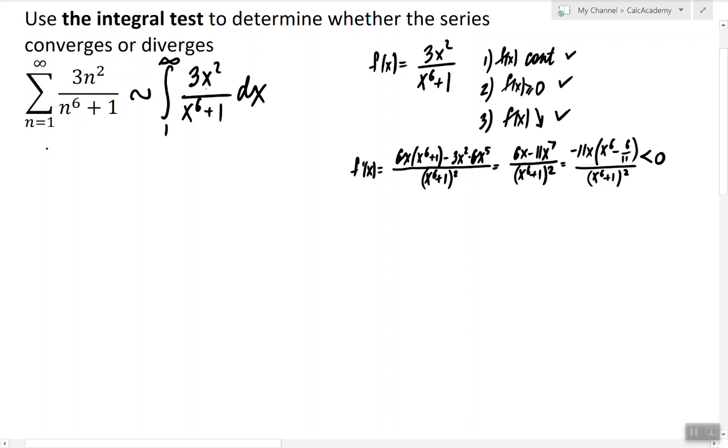And all we have to do now is to compute this integral from 1 to infinity of 3x squared over x to the 6 plus 1 dx.